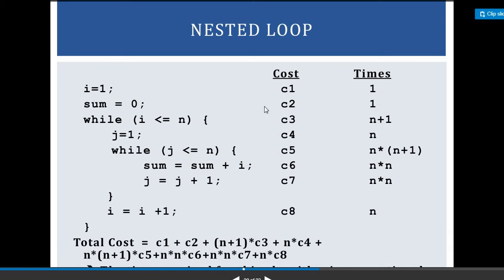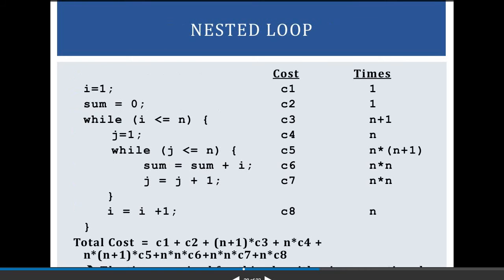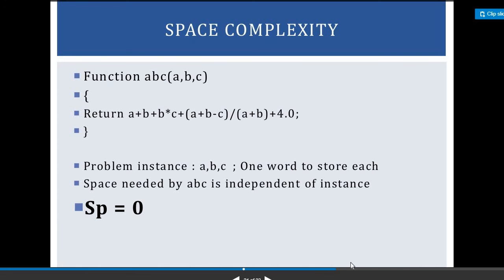Here we have a sum, then again a while loop, and for this we have this loop. So space complexity. For n squared, space complexity is a function.